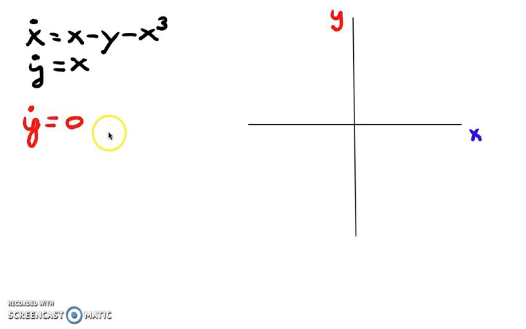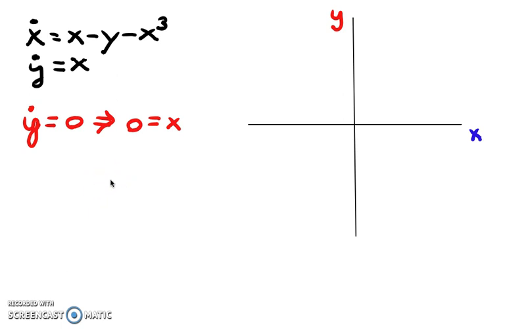Any pair of points x, y in the plane that satisfies this condition is considered to be part of the y nullcline. Now this condition pretty obviously implies that x is equal to 0, because if I set y dot equal to 0 on the left hand side of the second equation, we get that 0 is equal to x.